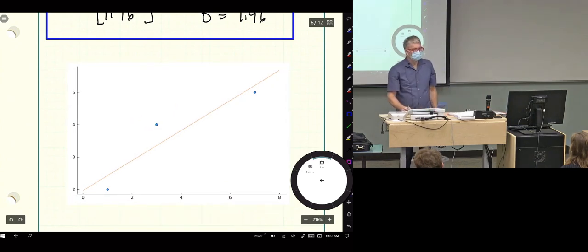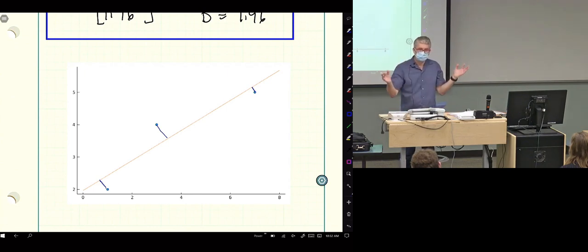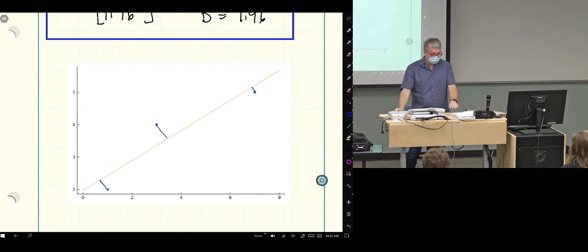Okay, there's the line. You calculate the distance to the error there. You sum up those errors, you square them. That's the line that minimizes the total squared error. Amazing, huh?